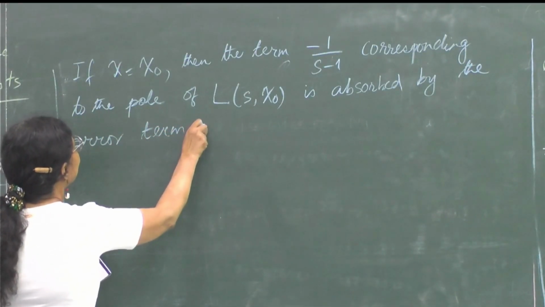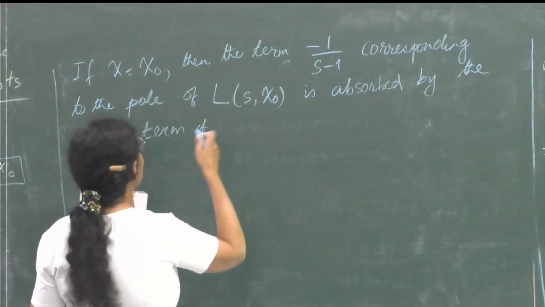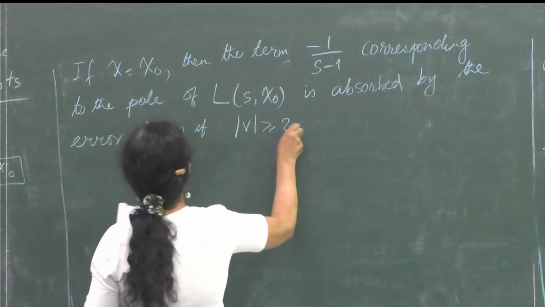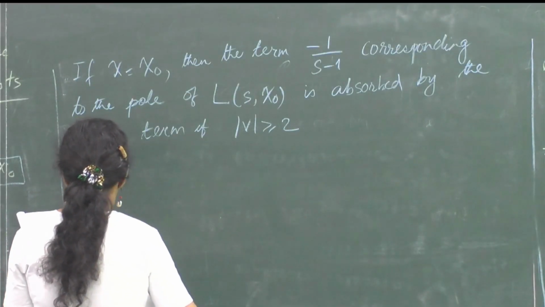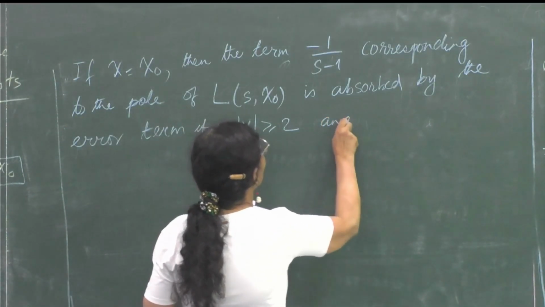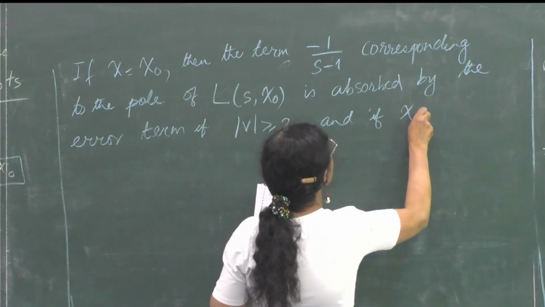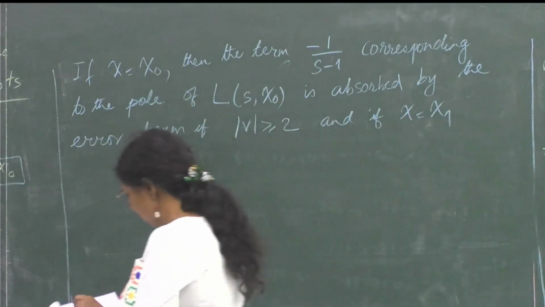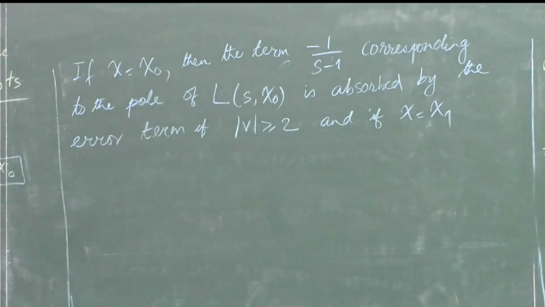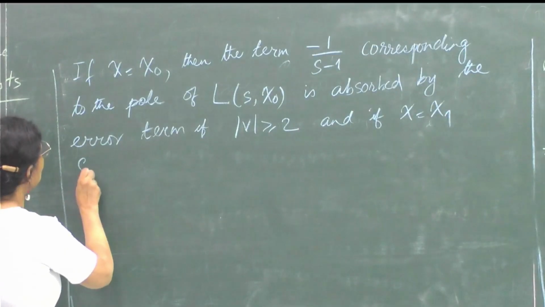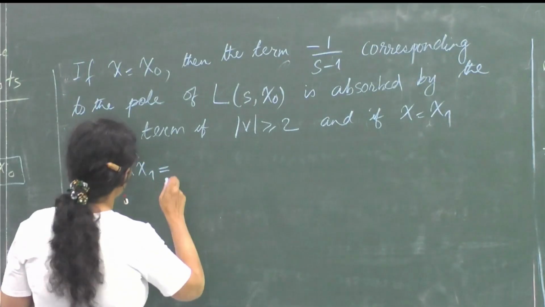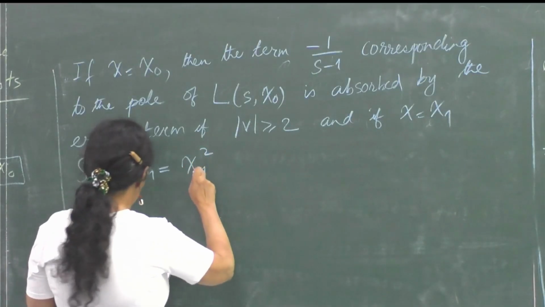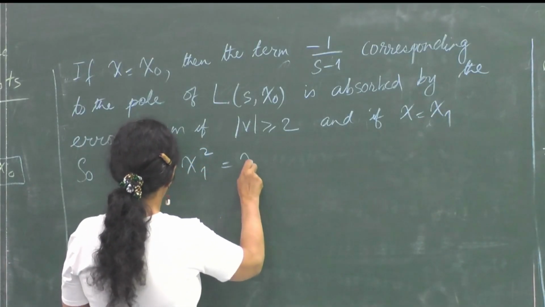In the case V is greater than or equal to 2, but that's what we suppose, okay? And if chi is chi1, so chi1 squared is equal to chi0.